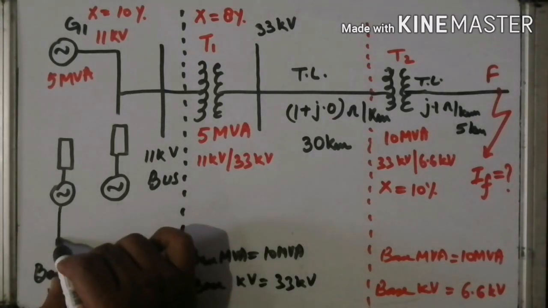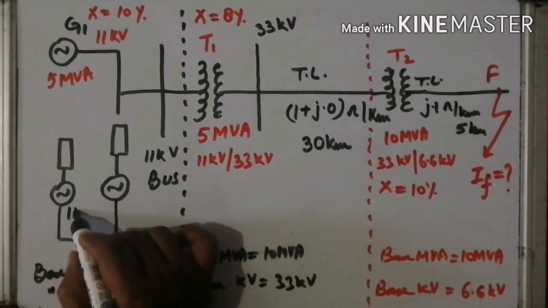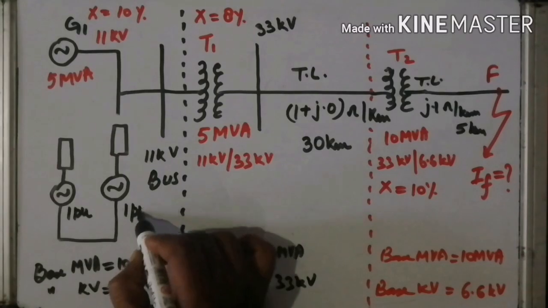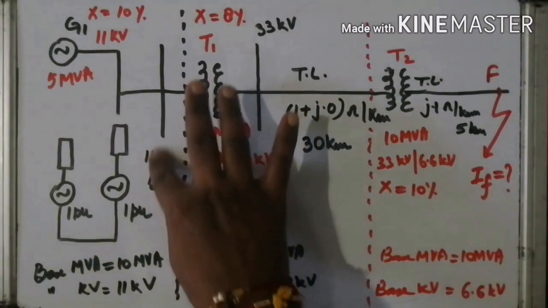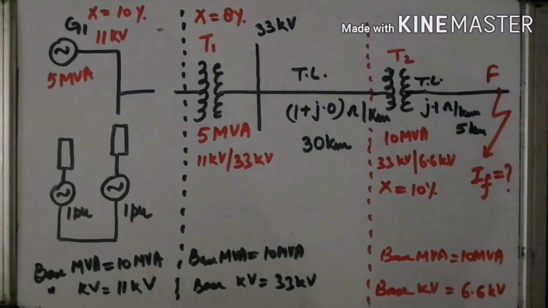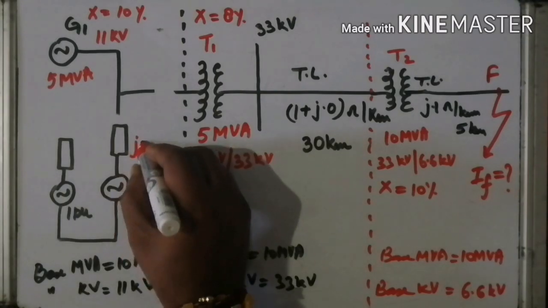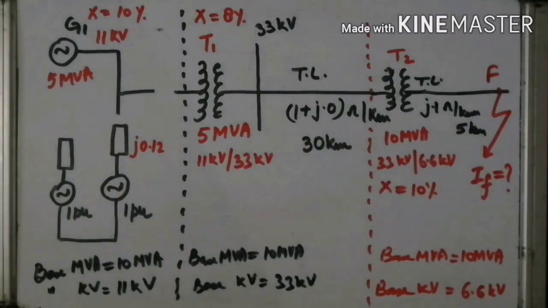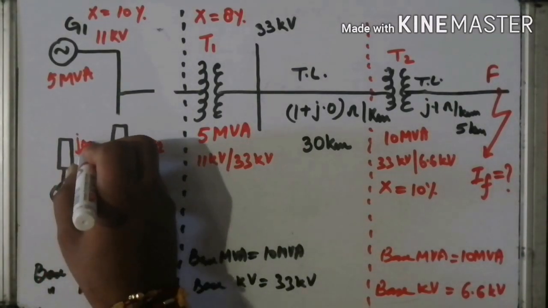Now I'm going to draw diagram in per unit system. The reactance of second generator is 12%, so it is J 0.12, and for the first one it is 10%, so it is J 0.2.